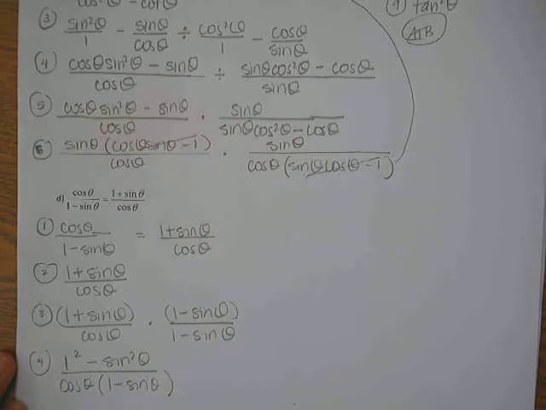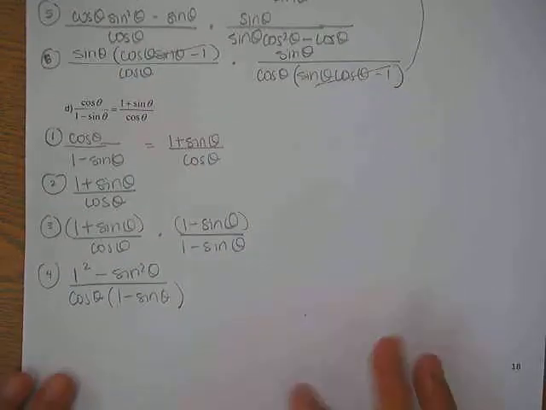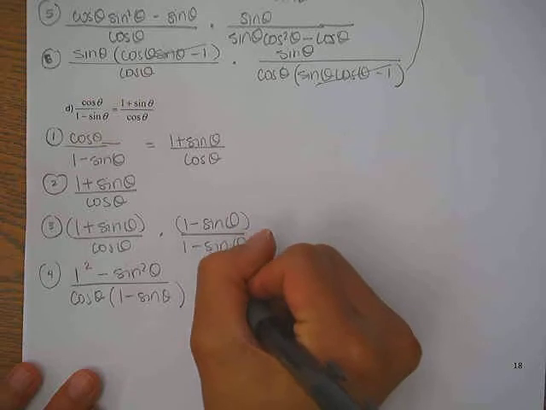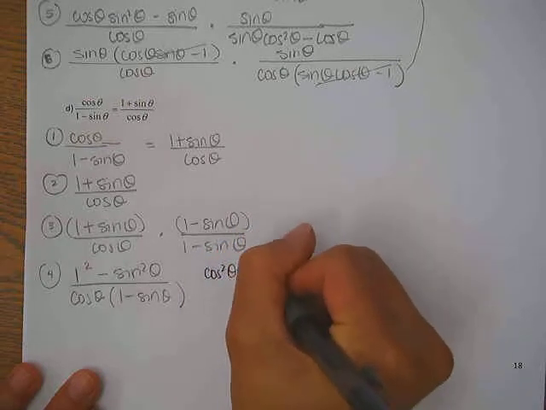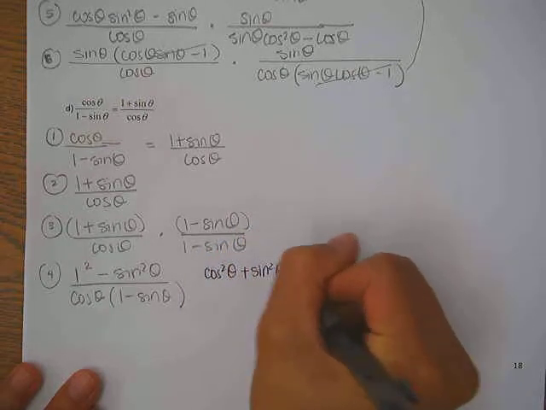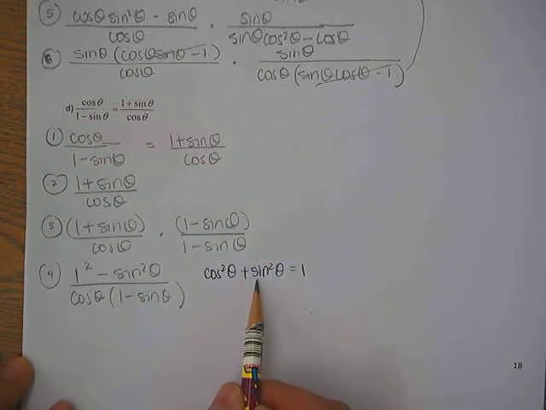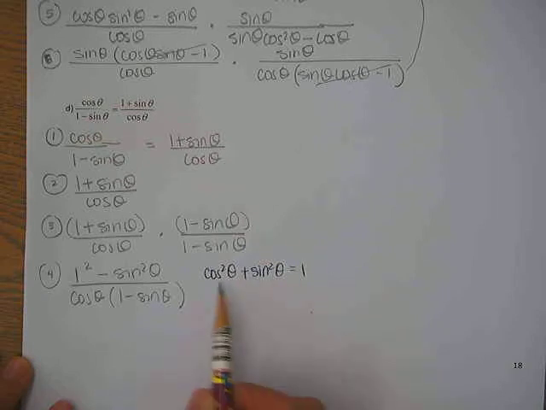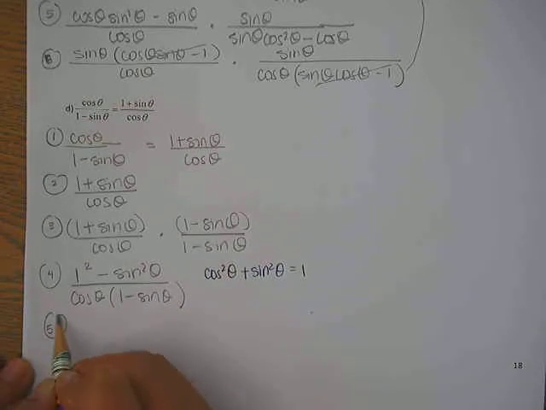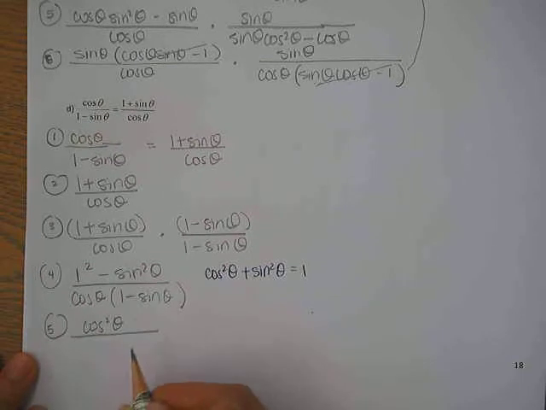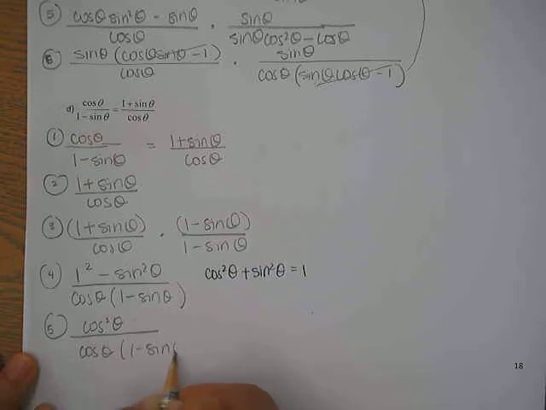Okay? So, 1 minus sine square of theta, I'm using this identity: cosine square of theta plus sine square of theta equals 1. So with that said, if I subtract sine square of theta from both sides, I would end up with cosine square of theta all over cosine of theta times 1 minus sine of theta.